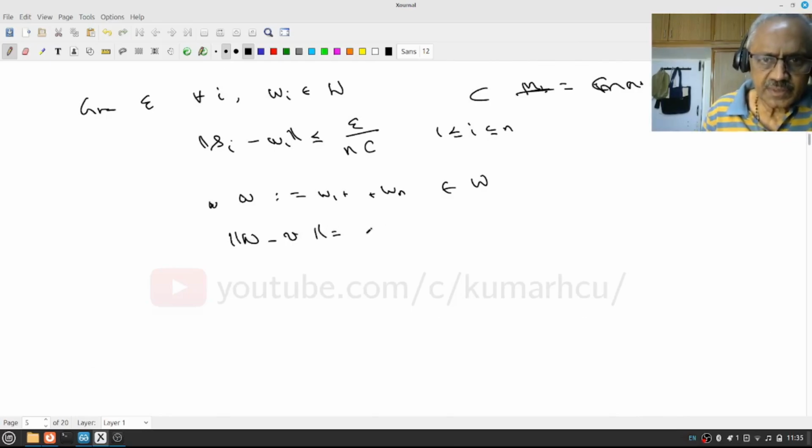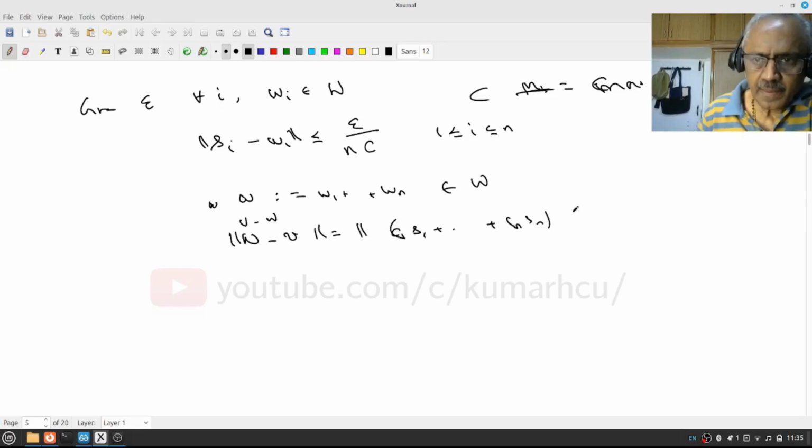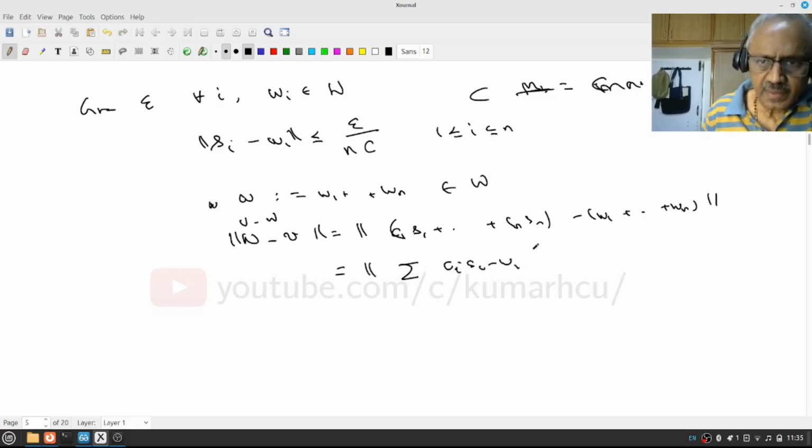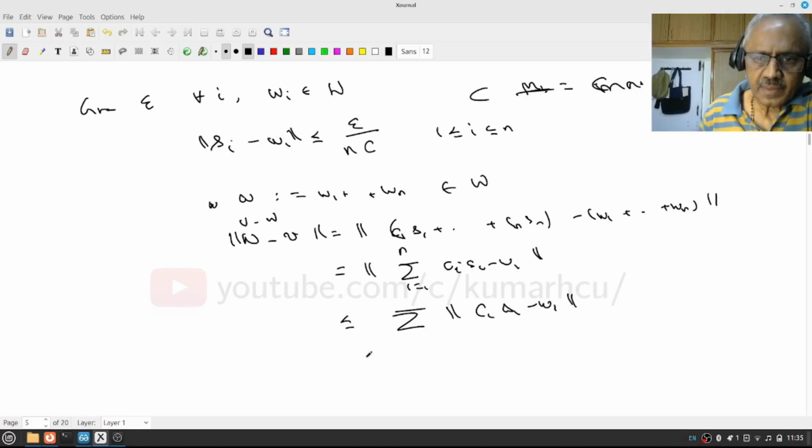Or V minus W. This is going to be C1 S1 plus through Cn Sn minus W1 plus through Wn. So I can rearrange the terms. All of you know what I want to do. It's the summation of Ci times Si minus Wi, i equal to 1 to n, and this is less than or equal to the summation of the norm of Ci times Si minus Wi. But what do I know?